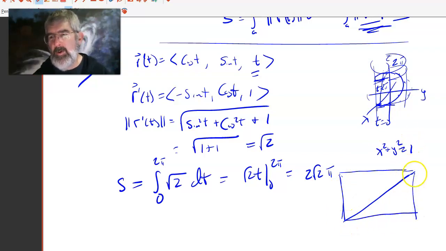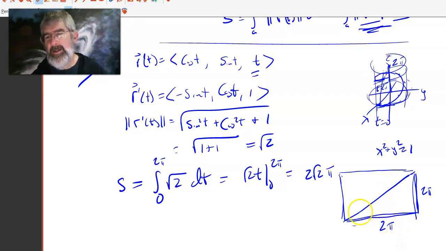Well, I know the height of the rectangle. The height of the rectangle is from here up to there, which is 2 pi. I can figure out the length of this rectangle because it's the circumference of the unit circle going all the way around there. Well, the circumference of the unit circle is 2 pi times the radius. Well, the radius is 1, so this is 2 pi.